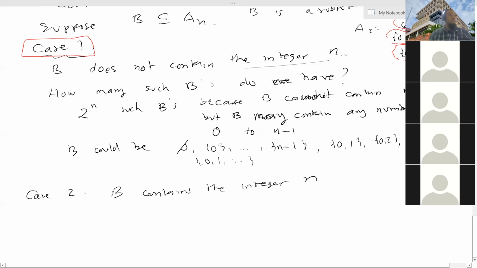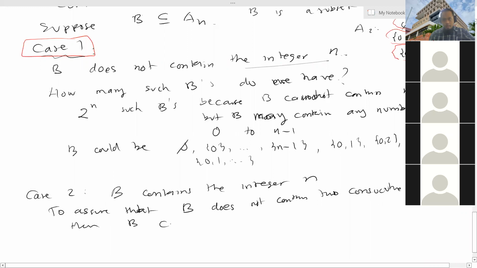If it contains the integer n, in order for it not to have 2 consecutive numbers, to assure that B does not contain 2 consecutive numbers, then of course B cannot contain the integer n minus 1, right?